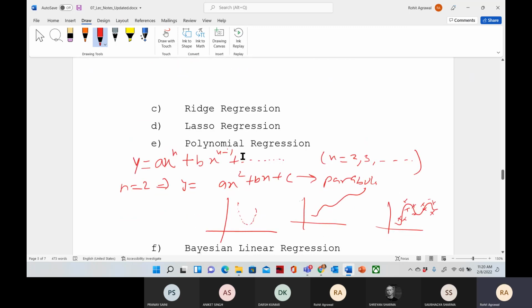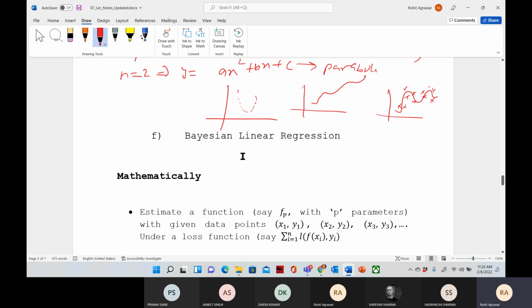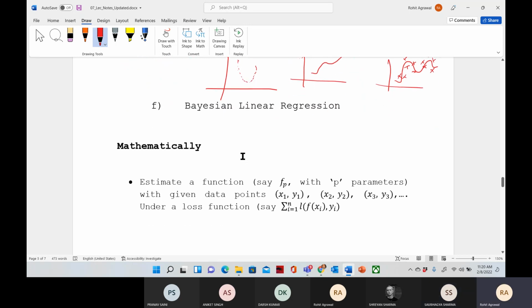If there is no linear relationship, there can be polynomial, maybe parabolic, or maybe a 3-degree curve they can follow, or they can follow anything else. So it is called polynomial regression. Clear? Yes or no? Yes, sir. Okay. Clear. Now I will show you mathematically.